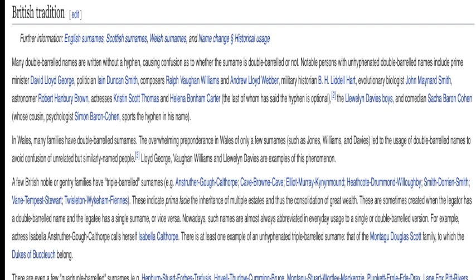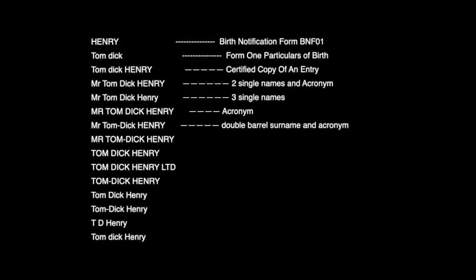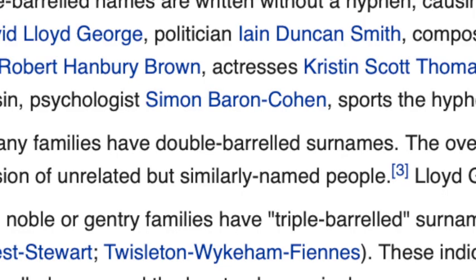If you look at a double barrel surname, the two surnames start with capital letters. So you've got your forename as an actual double barrel surname, then for your surname, Henry, you've got it written as an acronym. Look at that again. Tom-Dick. Both Tom and Dick have capital letters. That's a double barrel surname. So it could be Henry Tom Dick.